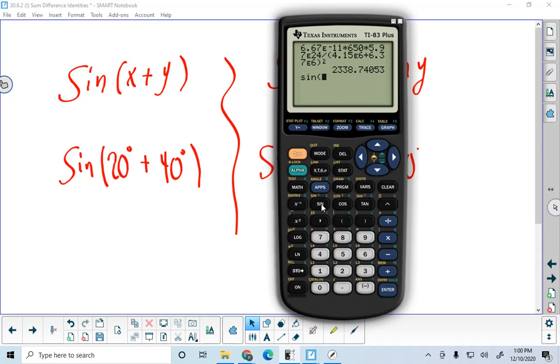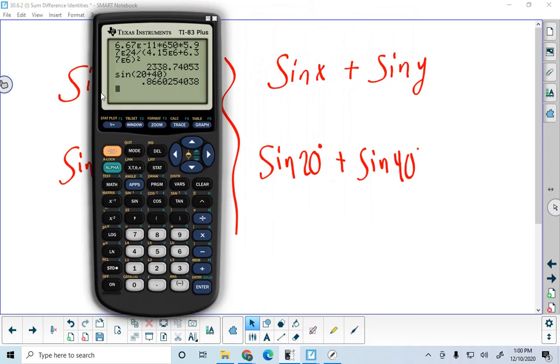The sine of 20 plus 40 degrees is the sine of 60, which is 0.8660 something. Okay? If you instead take sine of 20 degrees and add sine of 40 degrees, you do not get that answer.